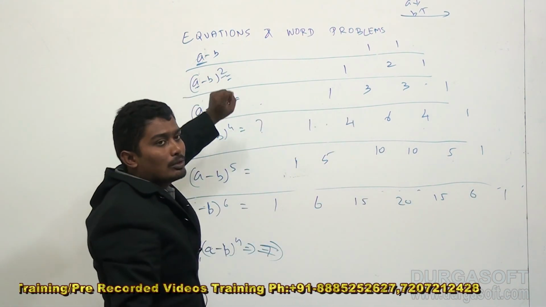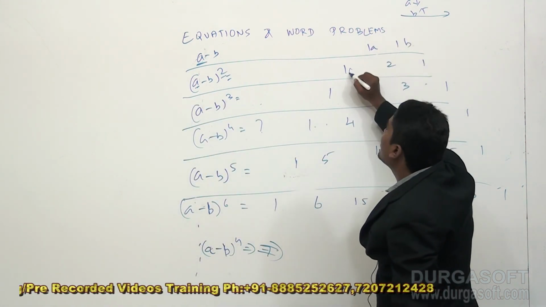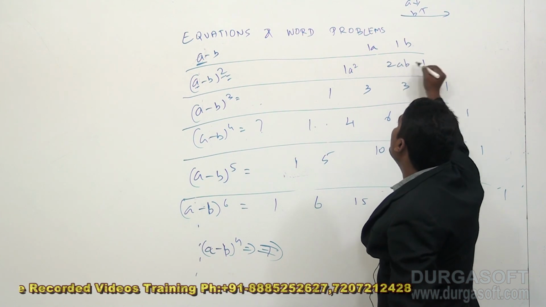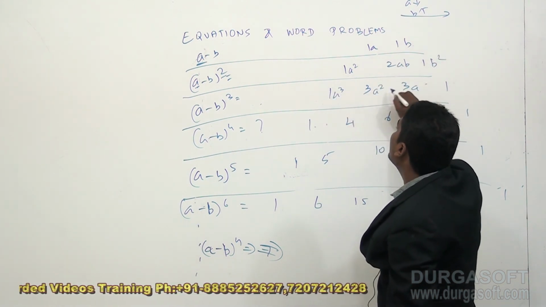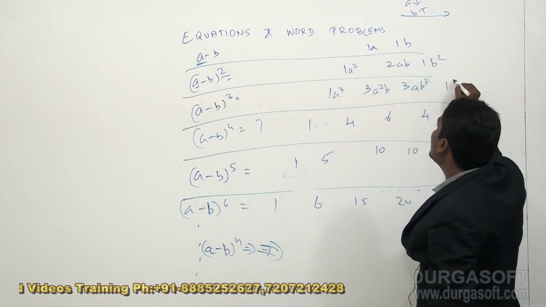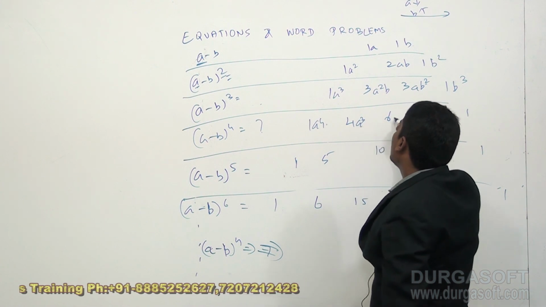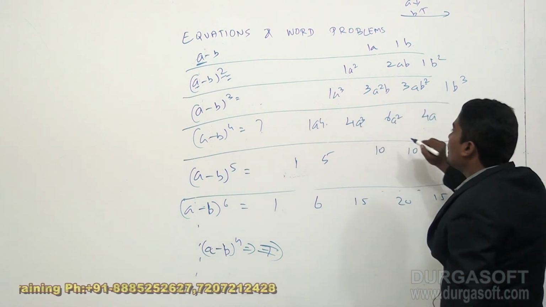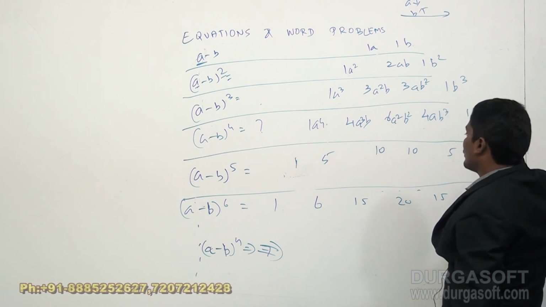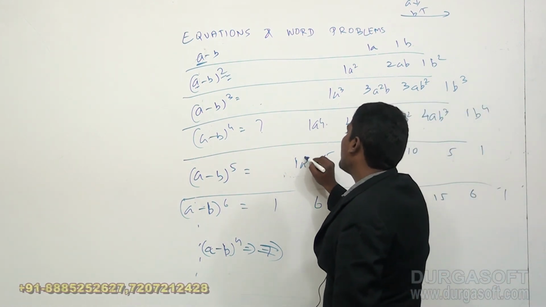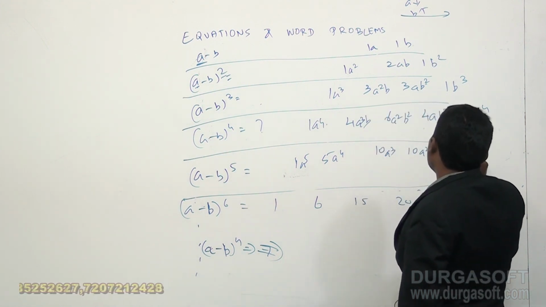Now a minus b whole square, same way you write a, b, a square, a b, b square, a cube, a square, a, b, b square, b cube, a power 4, a cube, a square, a nothing, b, b square, b cube, b power 4, a power 5, a power 4, a cube, a square, a nothing.